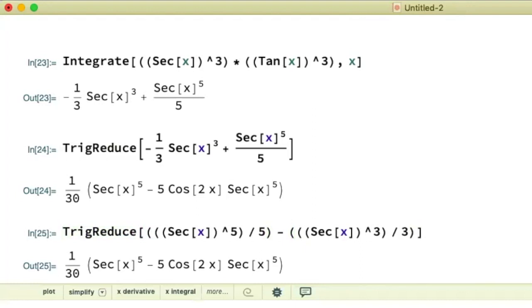And you can see it reduces to the exact same expression as before. So in this way, you can kind of use the technology to help you to check your homework.